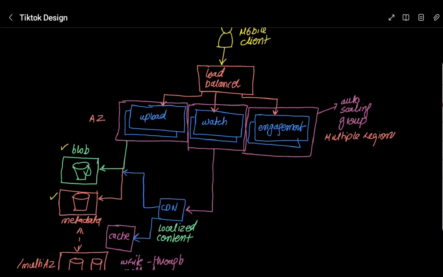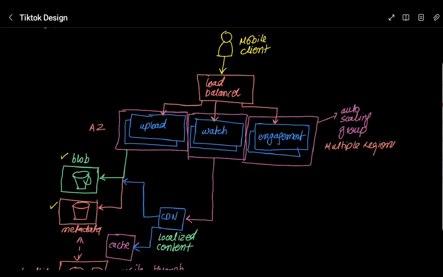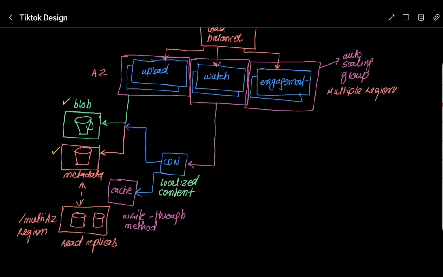Finally, let's talk about the engagement service. Obviously, we have different kinds of functionalities involved over here. We're talking about liking the content, commenting on the content, and obviously all of this would be generating some form of notifications and stuff.